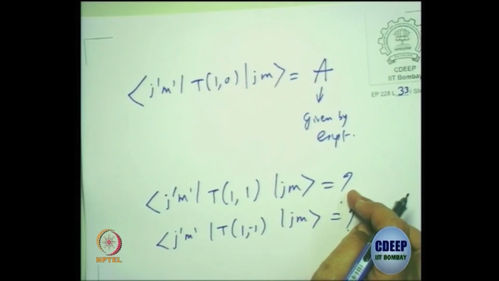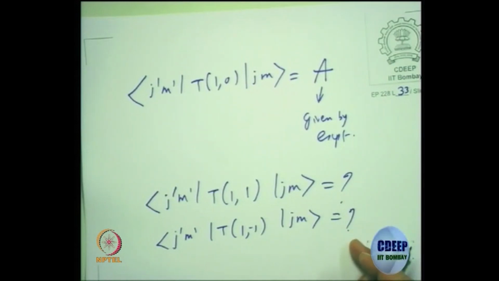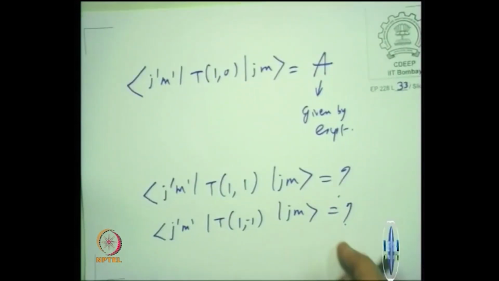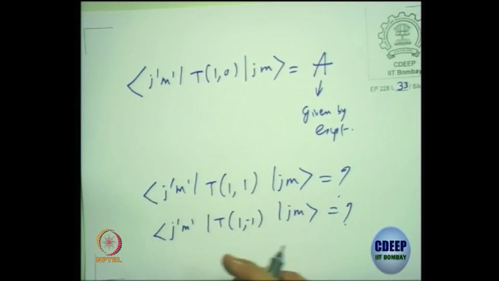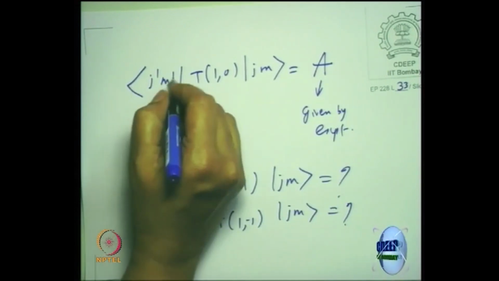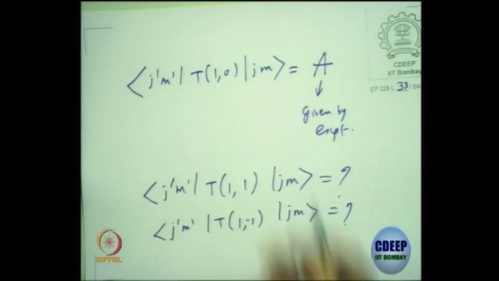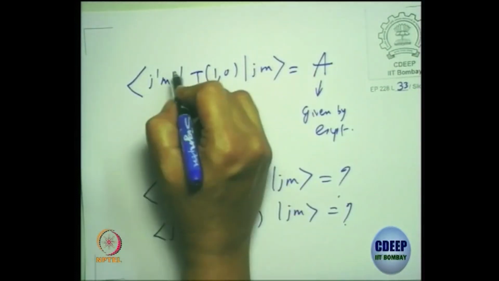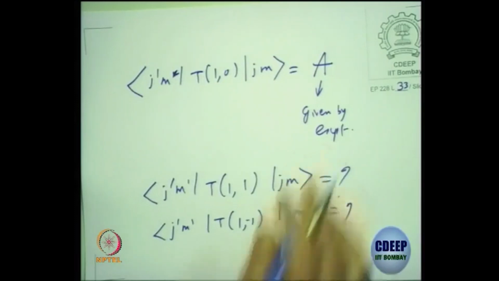I'll leave it to you to do this. We'll have some exercise problems. Similarly, do this. These two will not in general be the same. Then from there extract the x component and the y component of the dipole moment operator. You can even take these m prime to be some specific values. Here it is actually the same m, otherwise it will be 0.